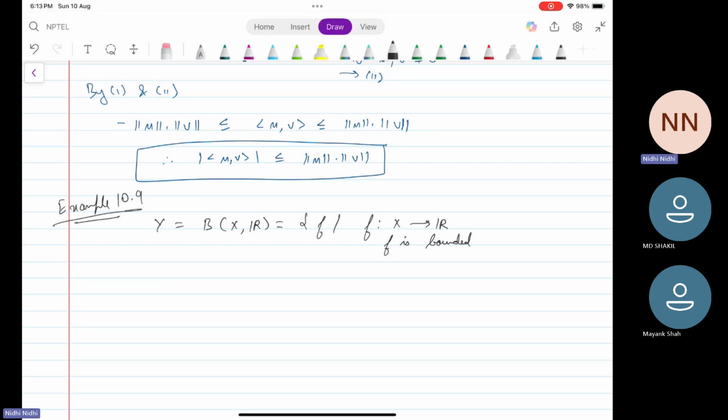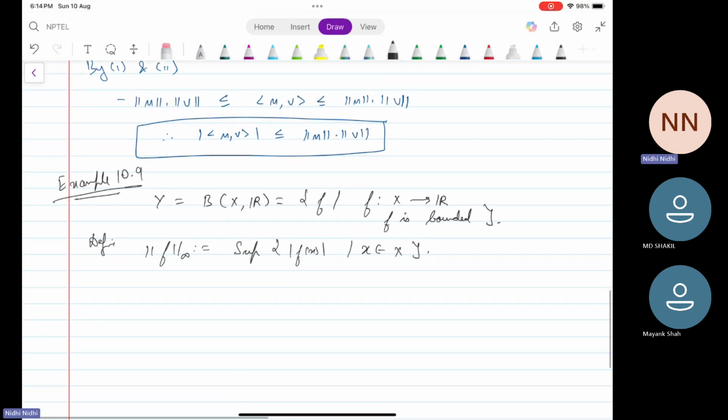We have a collection of bounded functions defined on X. Then over this space, we define pointwise addition and pointwise scalar multiplication. And again, the norm to be the supremum of mod f(x), x belonging to X.